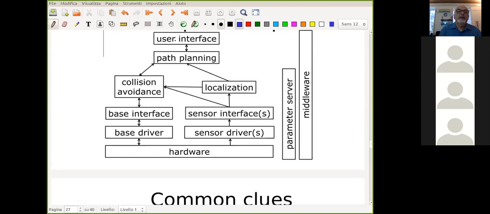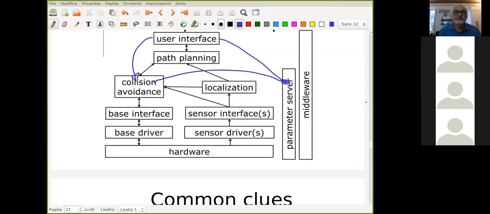Suppose that the user says, okay, collision avoidance, the UAV should navigate 20 centimeters from obstacles. That's a global parameter, so you put it here. And the collision avoidance uses the parameter.